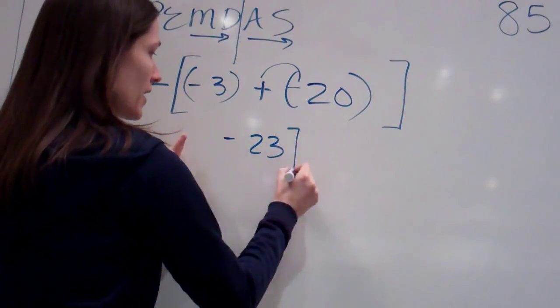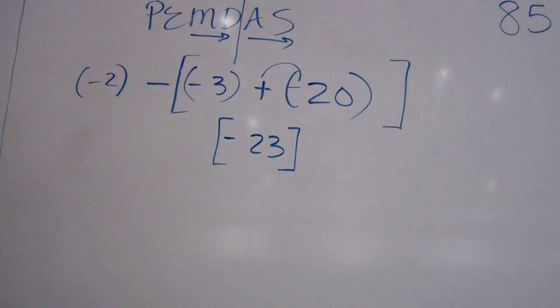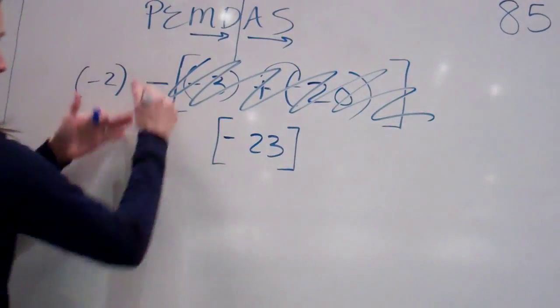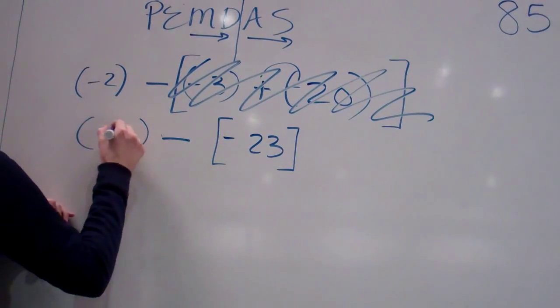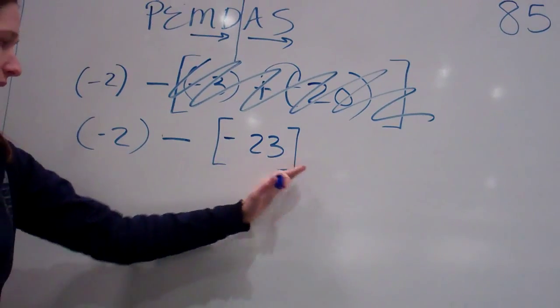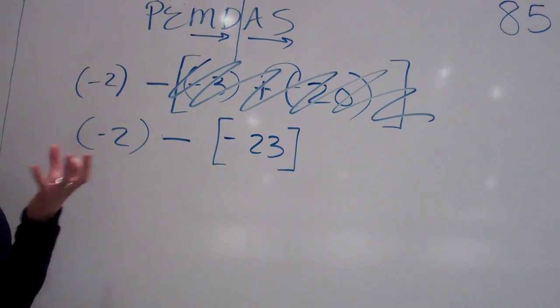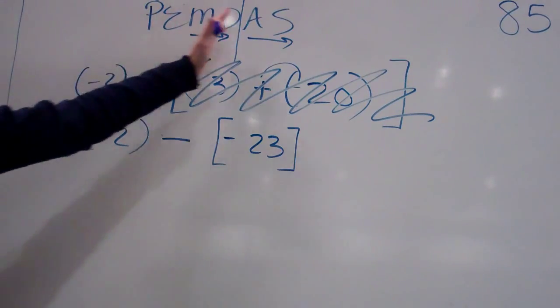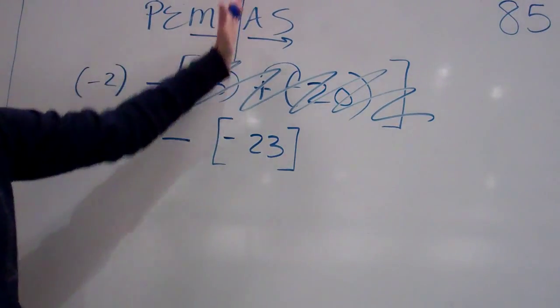I'm going to keep it in my little brackets just to help me. Bringing everything else down. It doesn't really matter that these are brackets and that's parentheses. They're all the same. They just did brackets on this one. So now I'm at the time where I need to change.